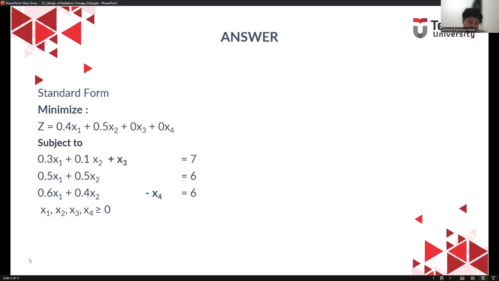Standard form: minimize Z equals 0.4 x1 plus 0.5 x2 plus 0 x3 plus 0 x4, subject to 0.3 x1 plus 0.1 x2 plus x3 equals 7, 0.5 x1 plus 0.5 x2 equals 6, 0.6 x1 plus 0.4 x2 minus x4 equals 6, and x1, x2, x3, x4 greater than or equal to 0.